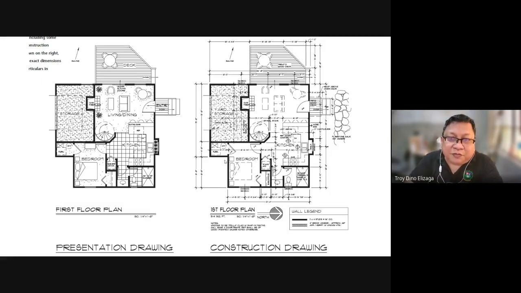And also in the presentation, you see all the furniture. So you're presenting this to someone who will not mind how it is going to be constructed, but whose main concern is maybe just to make sure that they understand the design.